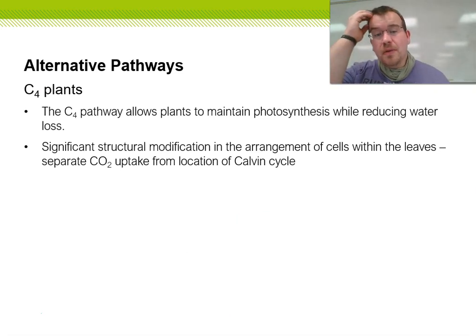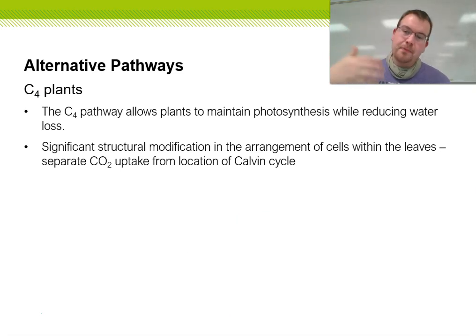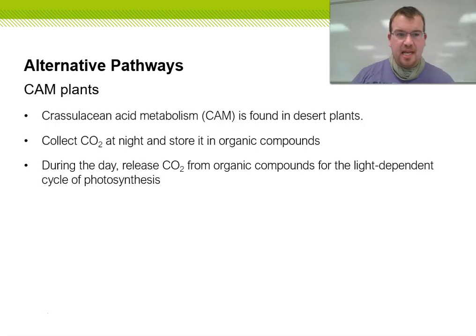Now, within this, there are some alternative pathways. For example, there's such a thing as C4 plants, and the C4 pathway allows plants to maintain photosynthesis while reducing water loss. This is very special for certain plants if they don't want to lose a lot of water. Significant structural modification in the arrangement of the cells within the leaves separates the CO2 uptake from the location of the Calvin cycle.